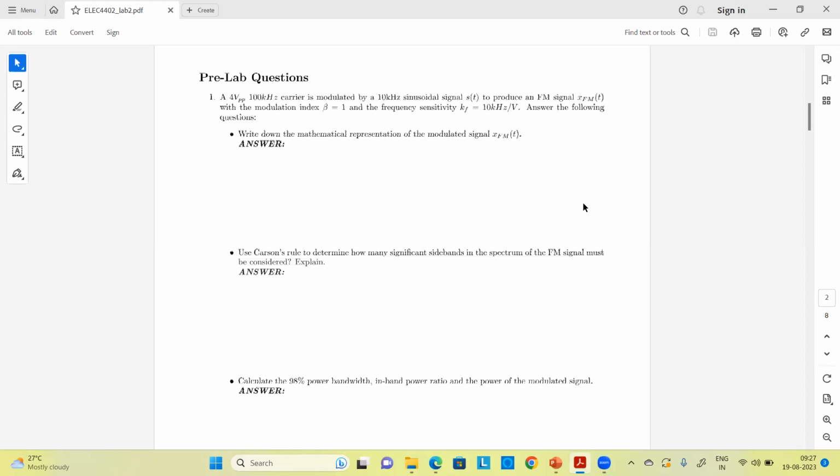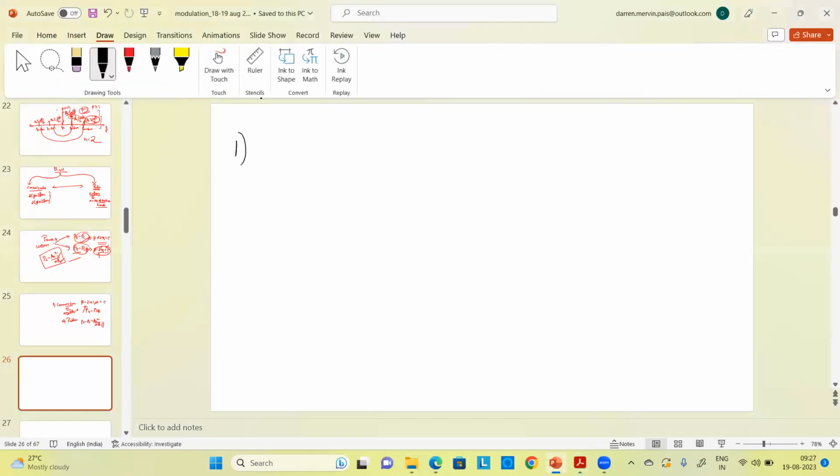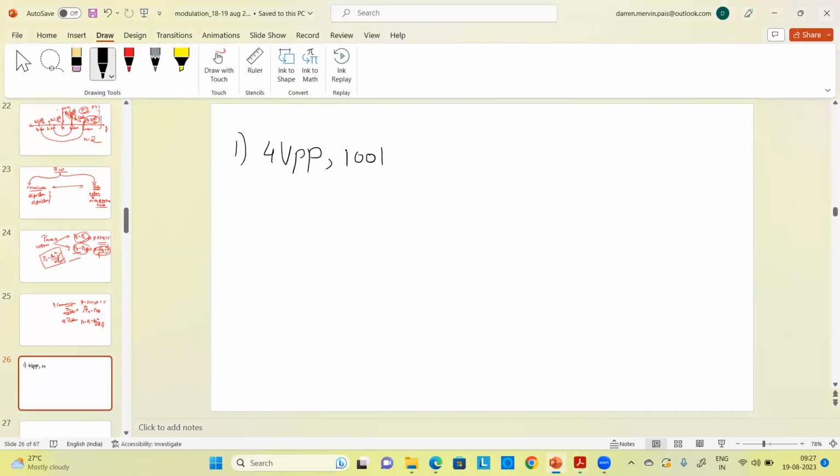So let's first jot down all the values. If you see, the question says a 4-volt peak to peak 100 kilohertz carrier. It means they are giving information about the carrier.